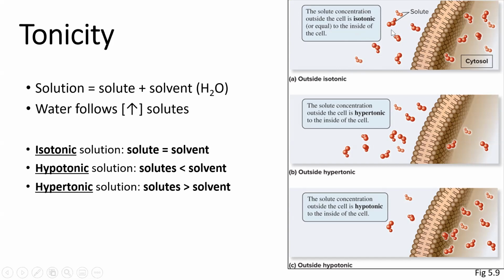That means there's not going to be any movement of water. Water's happy. It's at equilibrium. So the concentration of solute is equal in the extracellular fluid and in the intracellular fluid. Pretty easy. Iso meaning the same.